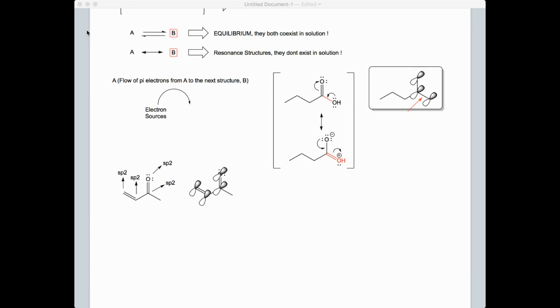Okay, so here it is. In the real structure, I see a pi bond here. Let me give you an example so you answer the question yourself. Is this molecule a delocalized system, guys? This one over here.